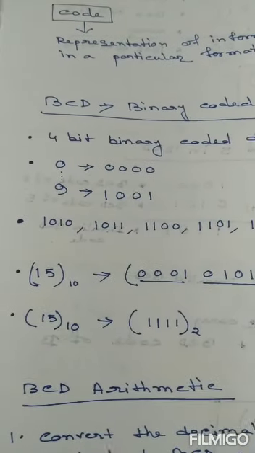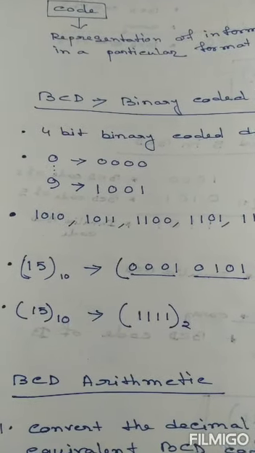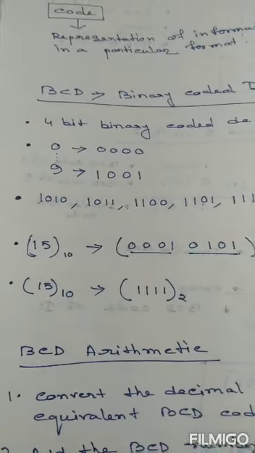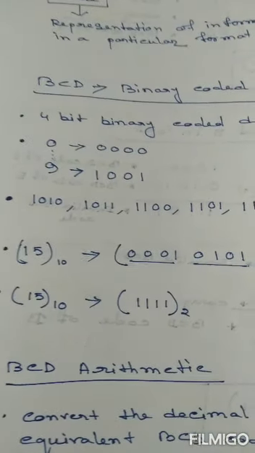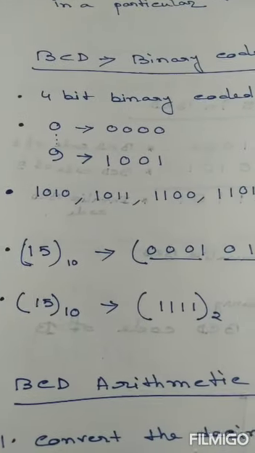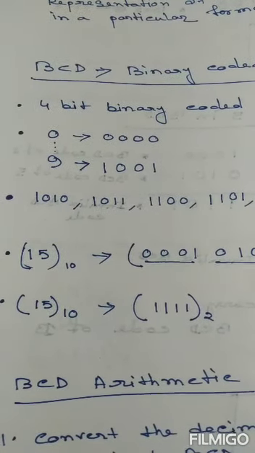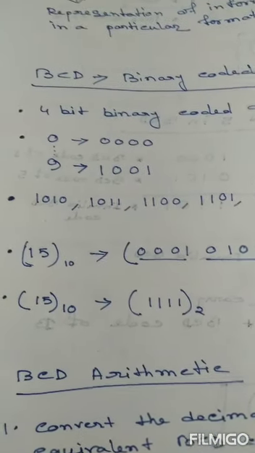So we can say that an n-digit decimal number is represented by 4 times n bits in BCD code. This is a disadvantage, because for the decimal number 15, if we want to represent it in binary form, just write down 1111.